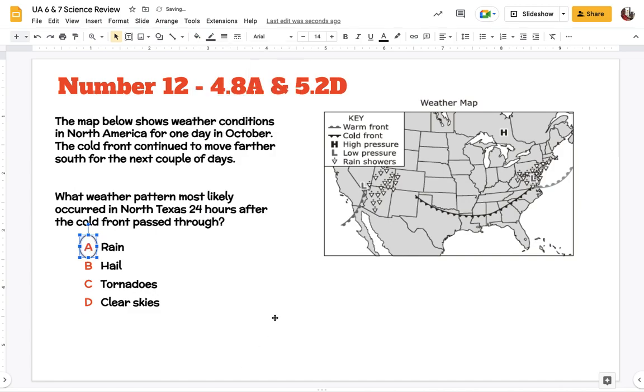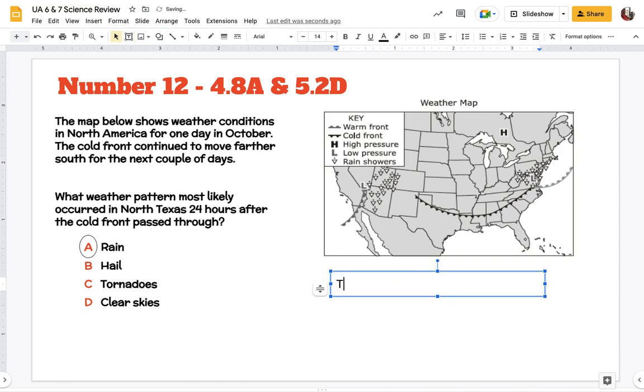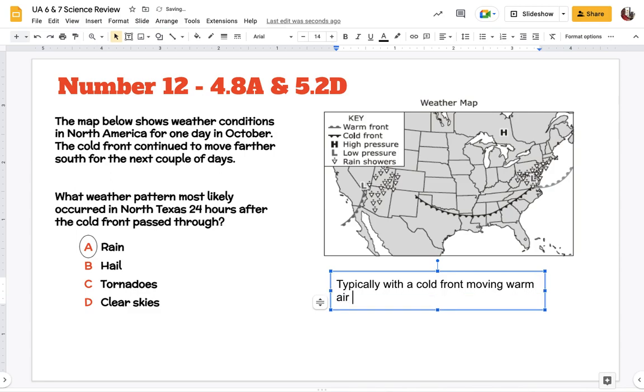Yes. So you can always look back at our video with the meteorologist, the YouTube video I got y'all. He was talking about that weather pattern typically with a cold front moving warm air out, it causes rain to form.